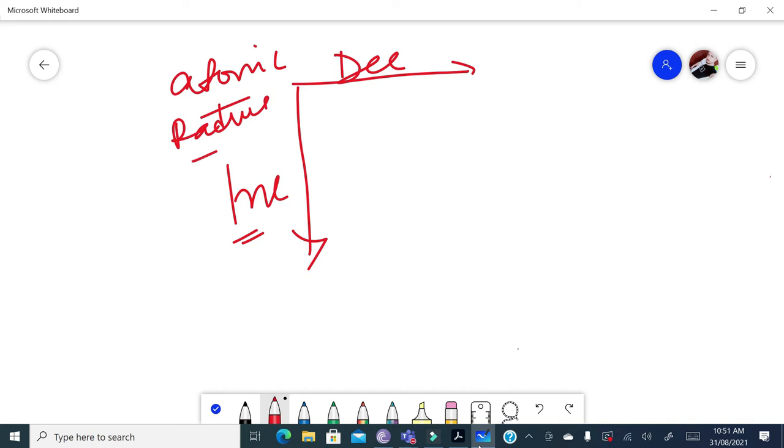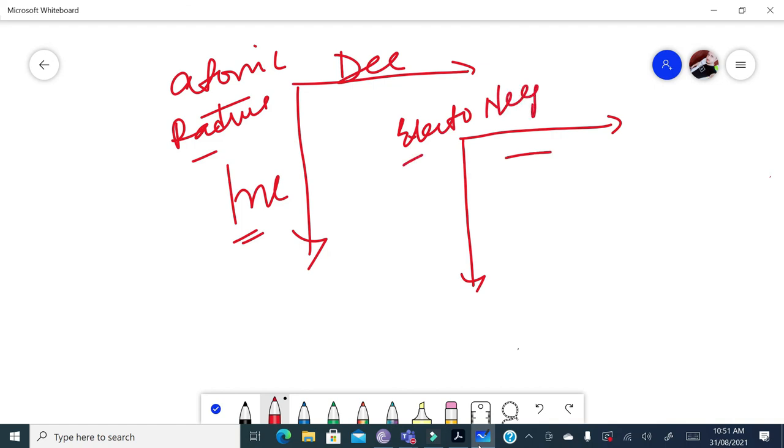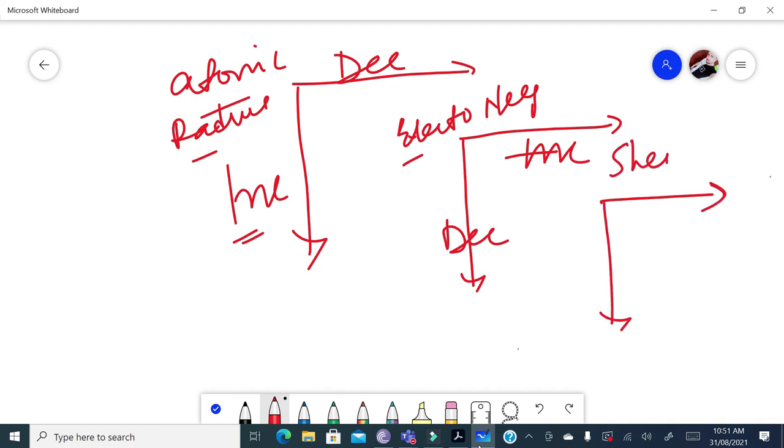Okay, when I talk about the electronegativity, there is an increase, INC, and there's a decrease. When I talk about the shielding effect, constant across, and down there's an increase.